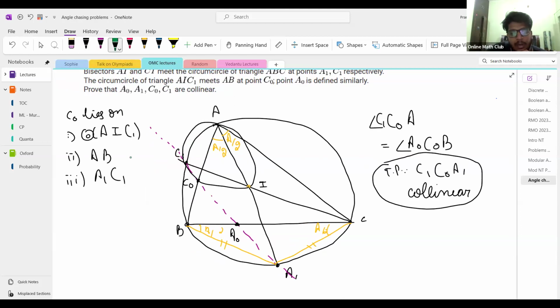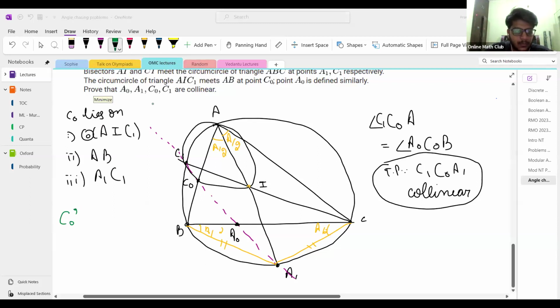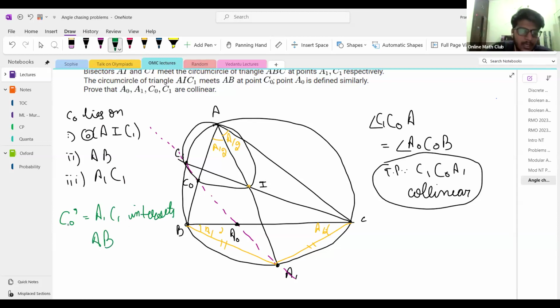So let's introduce a point C0 dash, which is the intersection of A1C1 and AB. If I prove that this point lies on this particular circle, then this point should exactly be C0, because by definition C0 is the intersection of this circle and this line.